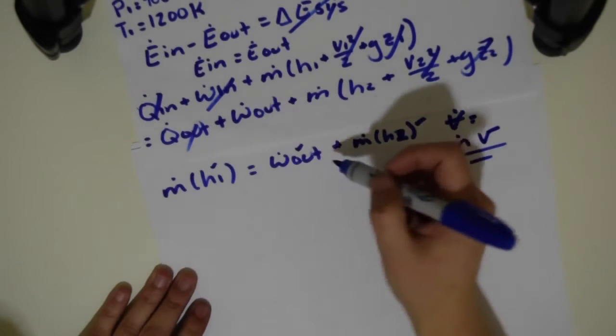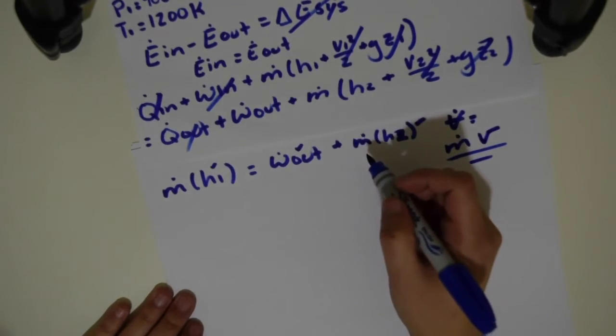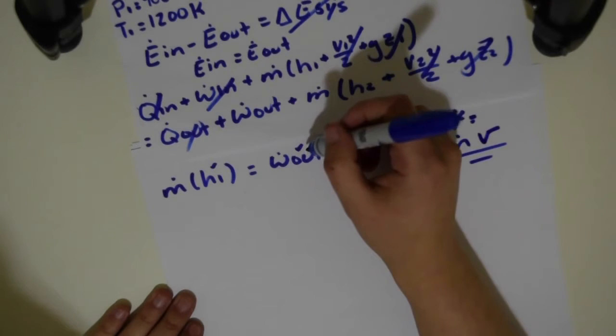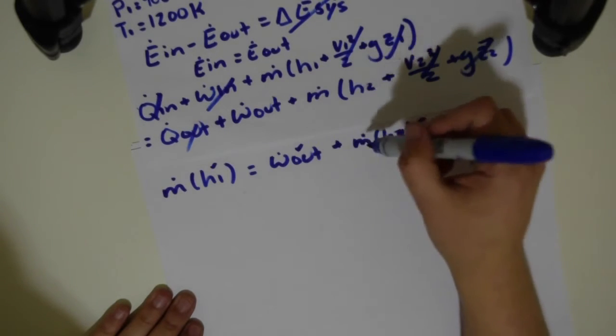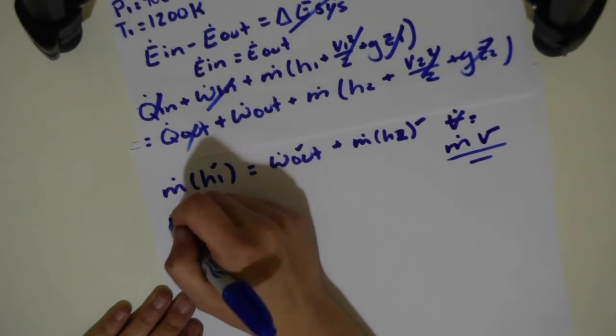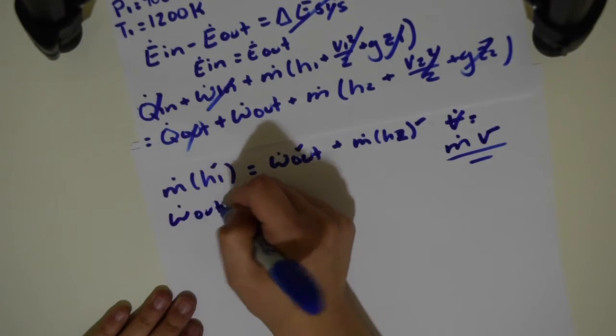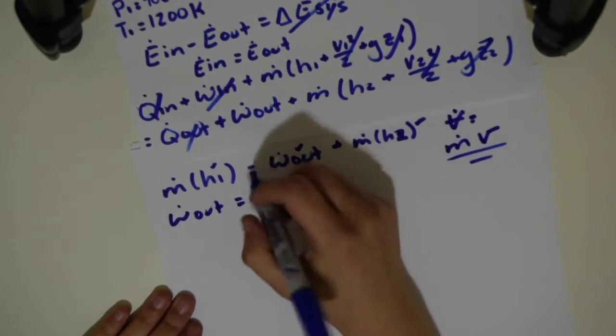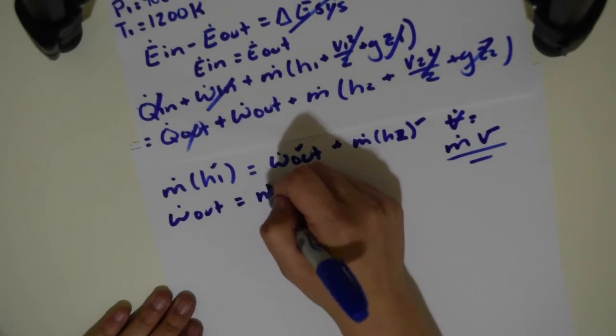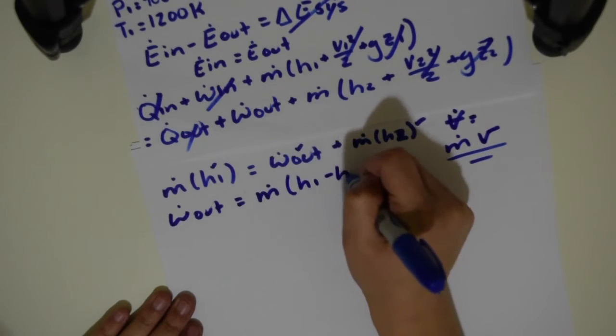So let's rearrange this further. Let's just write it how we would normally go about it. Work out is equal to m dot times h1 minus h2.